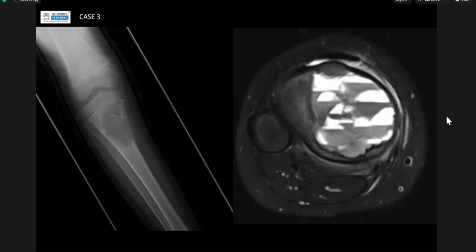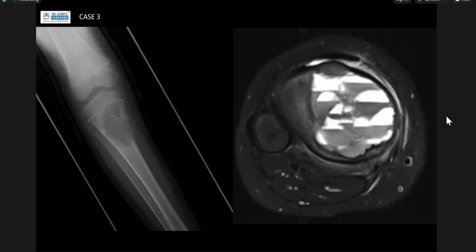This is going with aneurysmal bone cyst, more likely. The other differential is telangiectatic osteosarcoma. However, this is a lesion concerned more with bone expansion and does not have a periosteal reaction. It is a non-aggressive bony lesion. It is aneurysmal bone cyst.